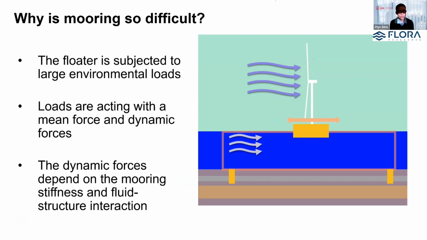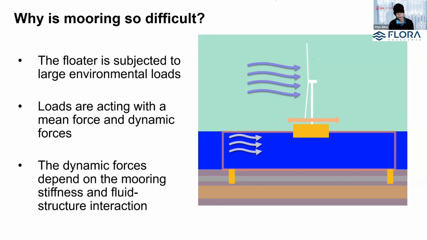So mooring design is usually very difficult because the floater is subjected to various types of environmental loads. Okay, sometimes the loads are unpredictable. And the loads are acting with the mean force and dynamic forces, generally speaking, right? So especially when we talk about wave loads, there's a large mean drift for very large platforms. The dynamic forces can be of various reasons.